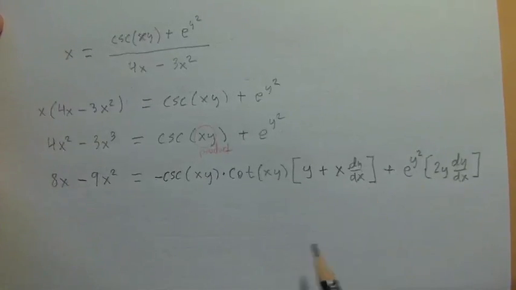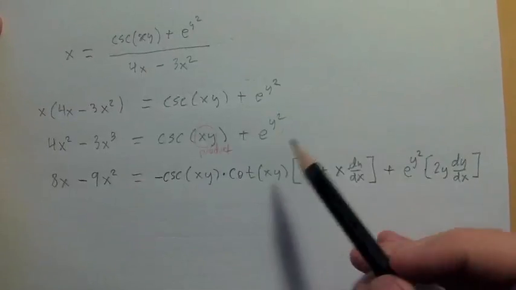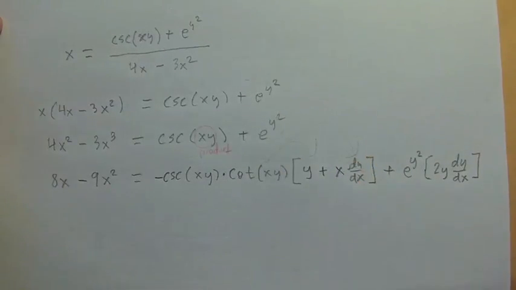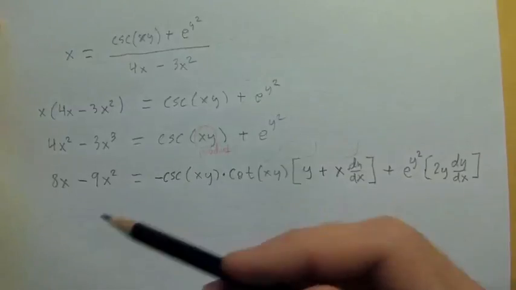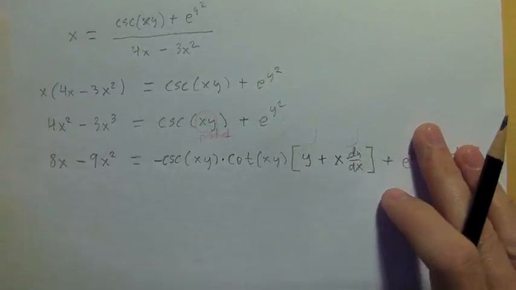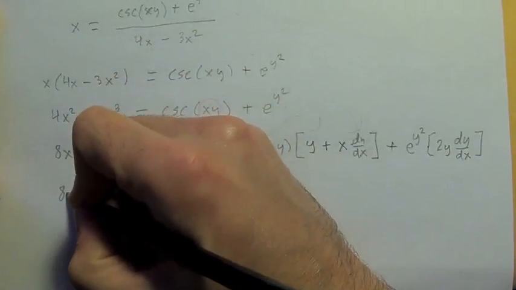Okay, so this is like one of the previous examples where we need to distribute this thing before we can move stuff around. So this side will stay the same.